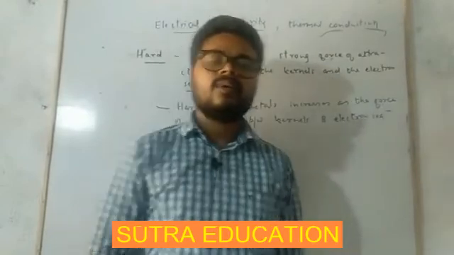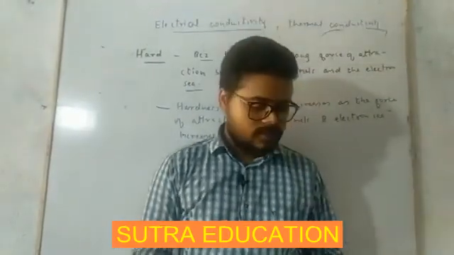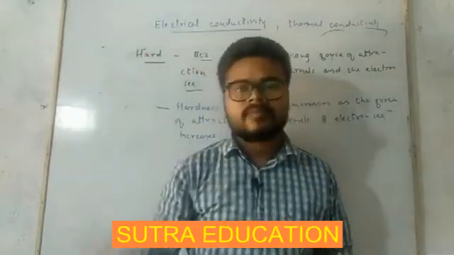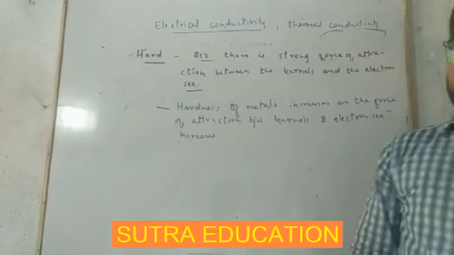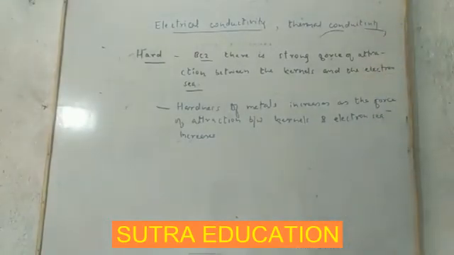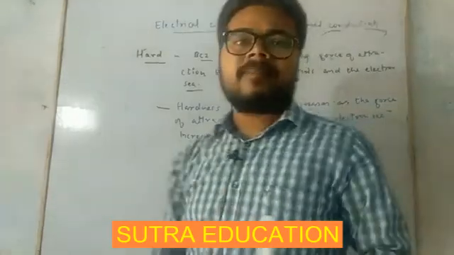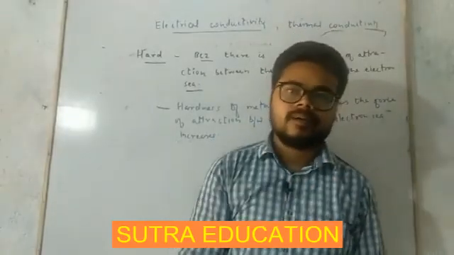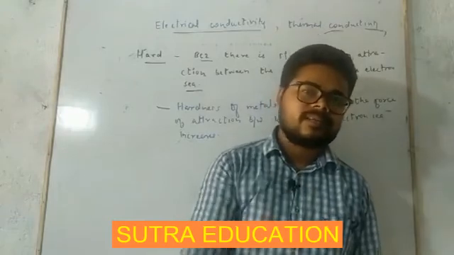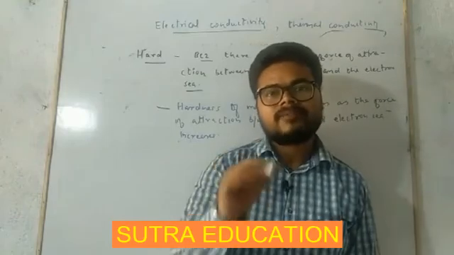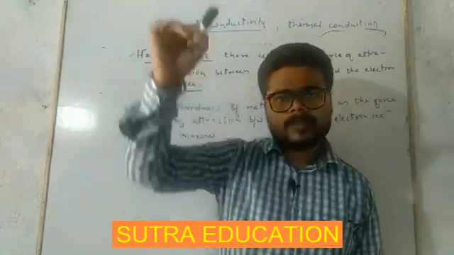More electrons present means, if it is sodium, sodium can give only one electron. If it is magnesium, magnesium can give two electrons. One atom of sodium can give one electron, one atom of magnesium can give two electrons, one atom of aluminum can give three electrons. So the number of electrons can be increased.